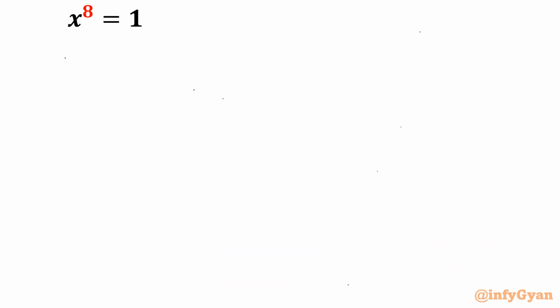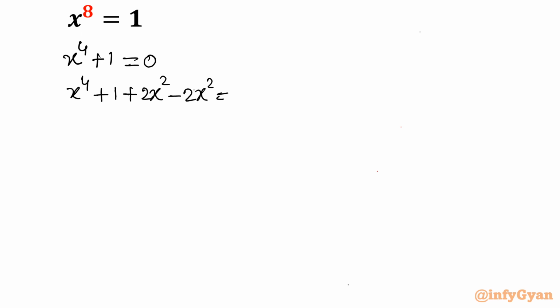So let me write x power 4 plus 1 equal to 0. I am going to add 2x square and I am going to subtract the same, so that the value won't change. Now if you observe the first three terms, it is x square plus 1 whole square.